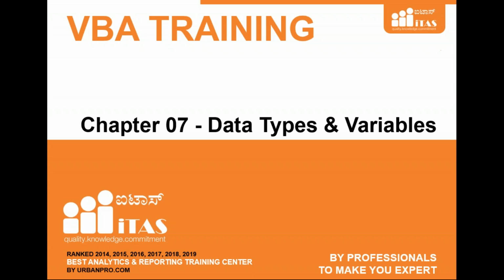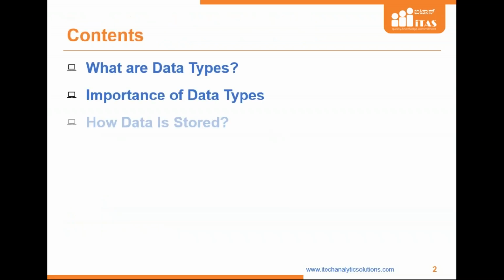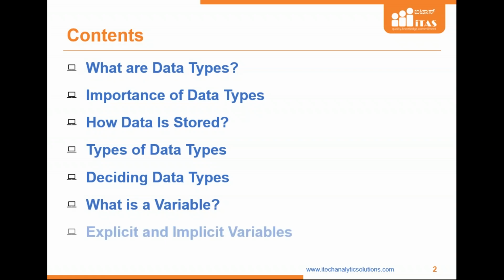To avoid this, we have to classify the data based on their volume, or based on their values. This classification of data is called data types. Let's make it very simple: text, numbers, date, and then objects.